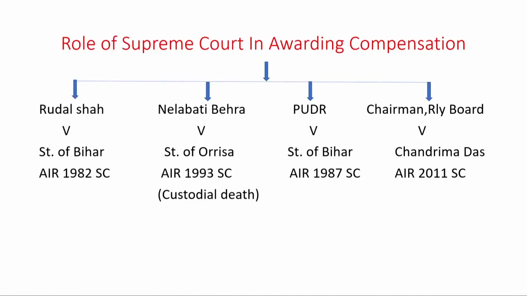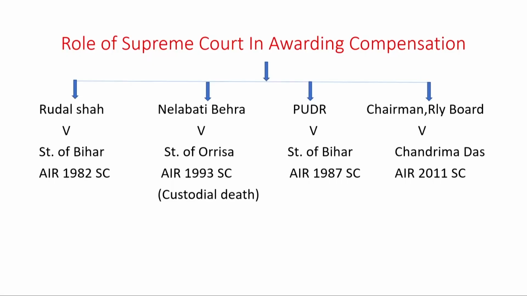I have mentioned this case in this slide so that you can get entire information regarding compensatory jurisprudence. What happened in the PUDR case? As I have already highlighted the facts of this case in my previous lecture, here I would like to highlight the facts of this case.